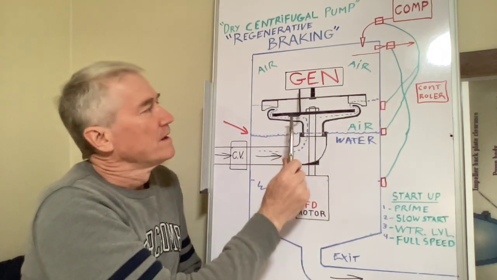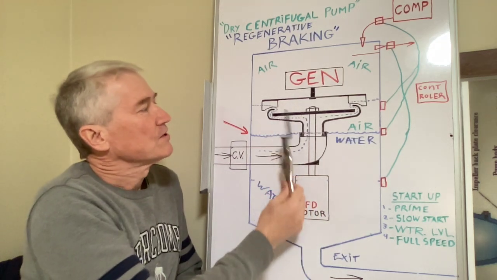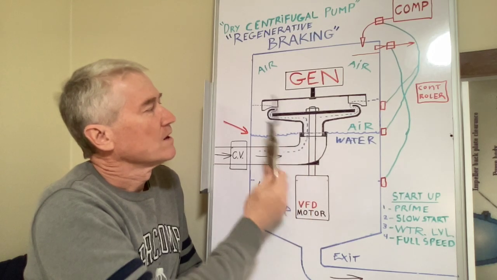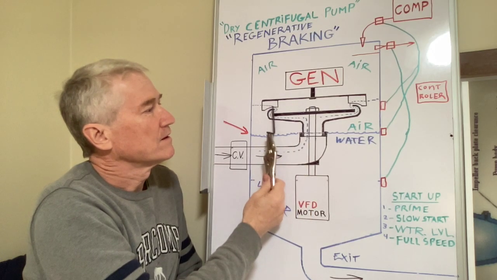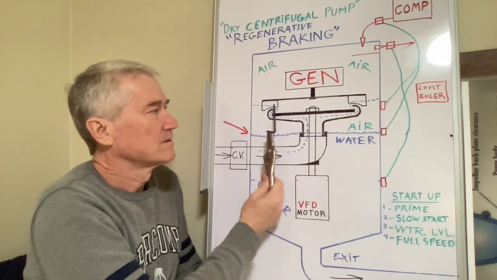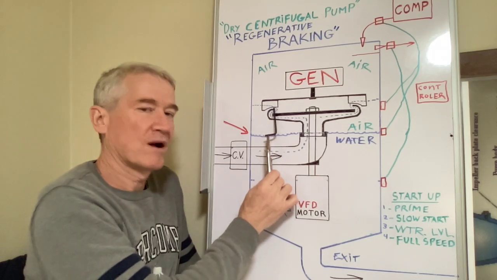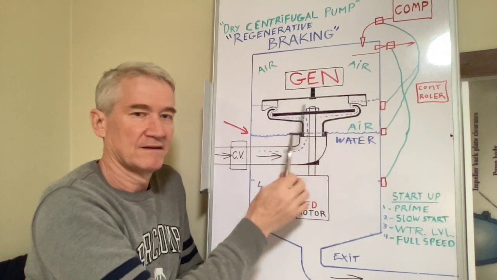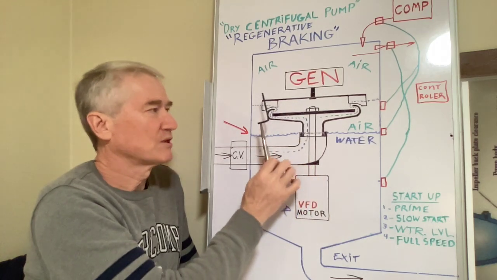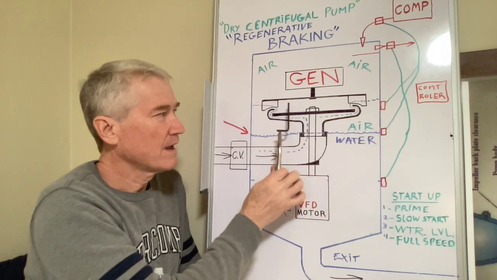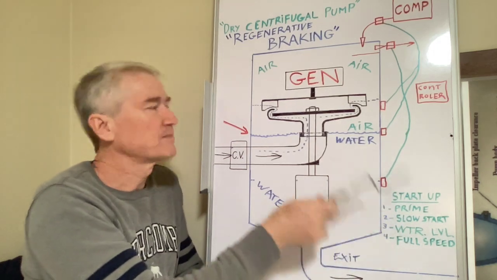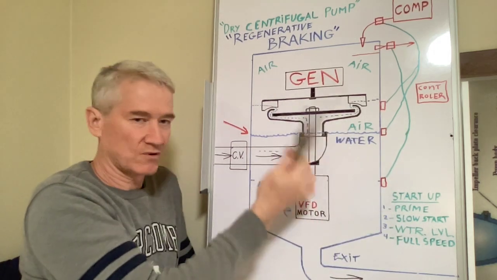So since your pressure is produced inside the impeller, the inertia, or the velocity of that water coming out of the impeller, is free for the taking. So that's why we're able to put a turbine on it. And the reason they can't do it in a typical centrifugal pump is because this area will be all full of water.